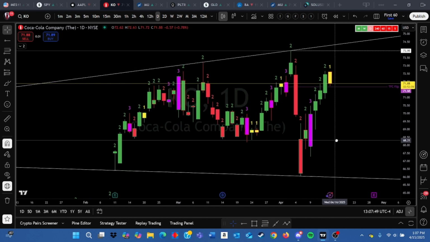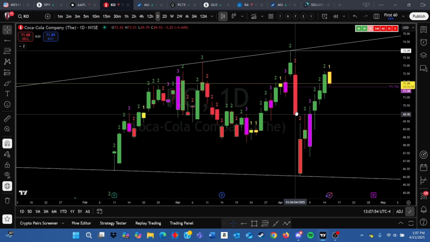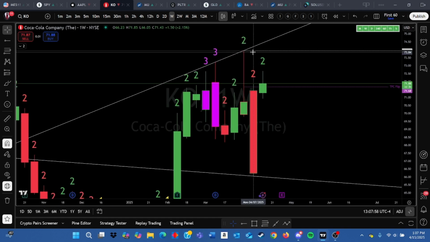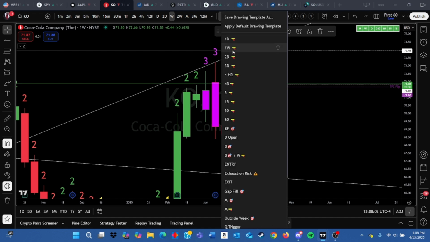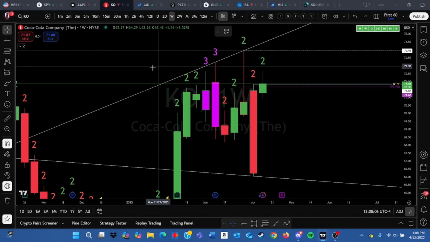So the way that we would trade this, for one thing, is understanding what our broadening formation looks like, how it would get up there, which is this reversal, the 2-2, and then understanding how we actually go after that.